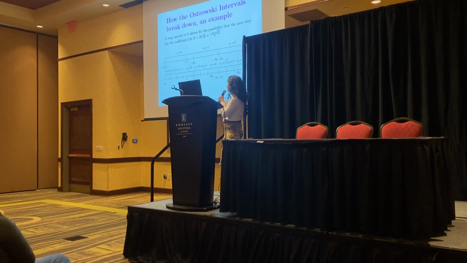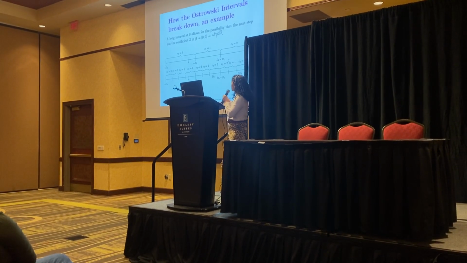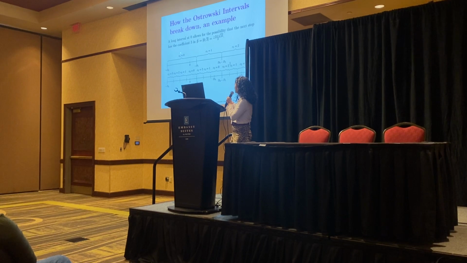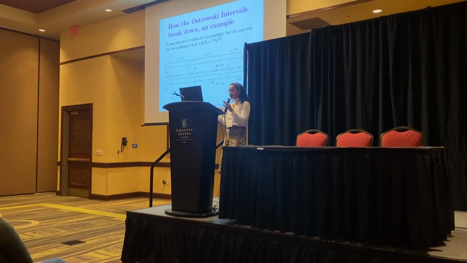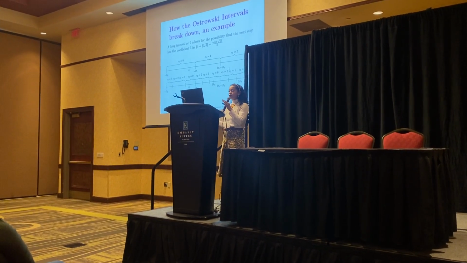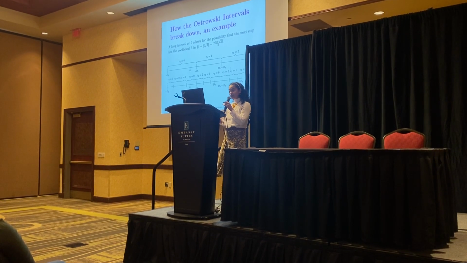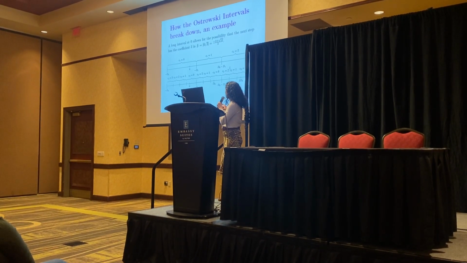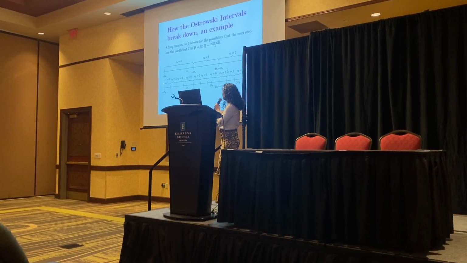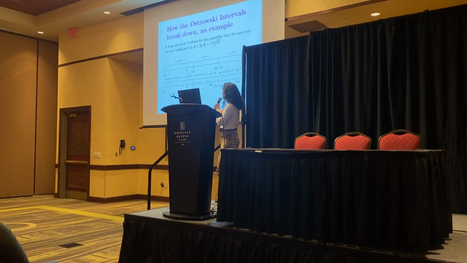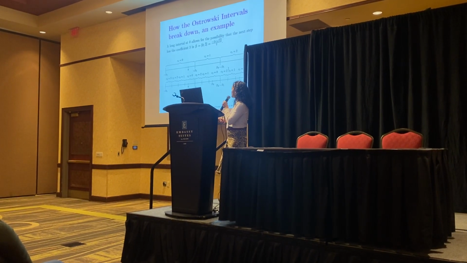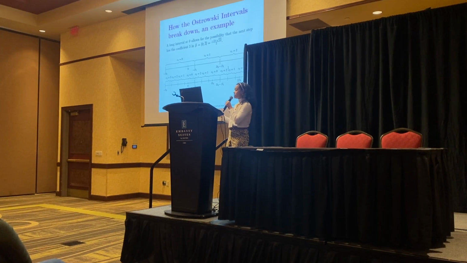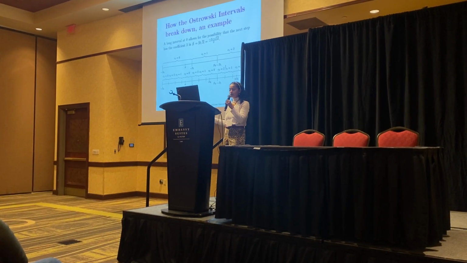We have 3 separate intervals. However, if you take a closer look, you see that c sub 1 equals 0 is a little longer than the other 2 intervals. And that's because of what we discussed in the previous slide. That c sub 1 equals 0 is compensating for something, and the following level is going to be broken down into 4 intervals because we have now allowed digits 0, 1, 2, and 3.